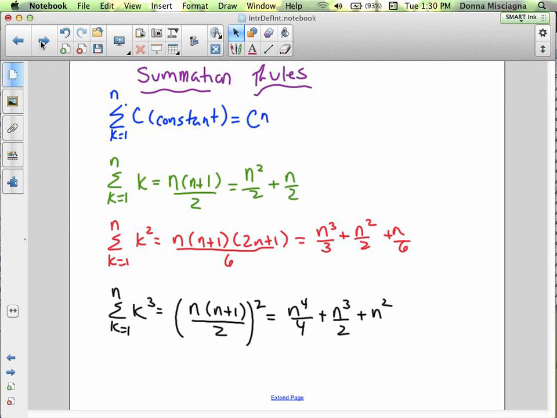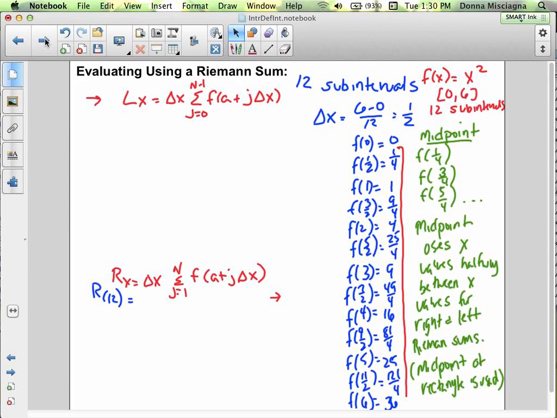And all of these are starting at the first value. That's why it says k equals 1. So we have these handy-dandy summation rules. Now you know why I taught you about summation rules. These are the only ones we will be using. And they allow us to sum up a very large number of k's or constants very easily. We're going to need that because we're going to be summing up an infinite number.